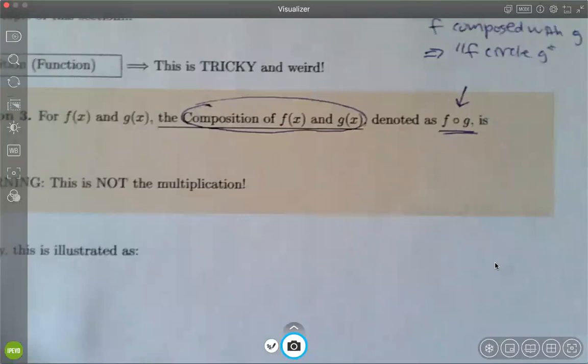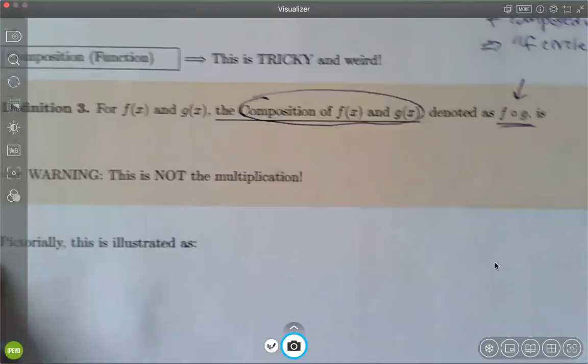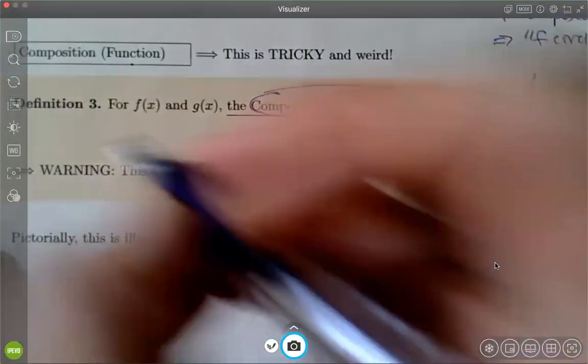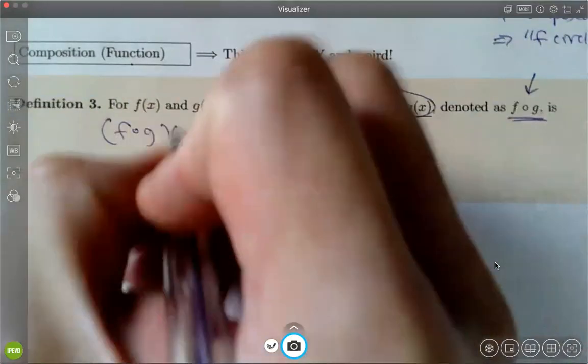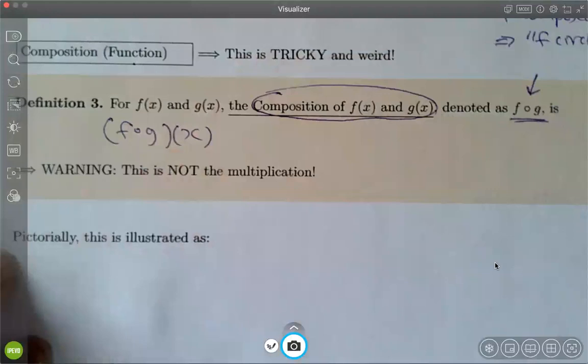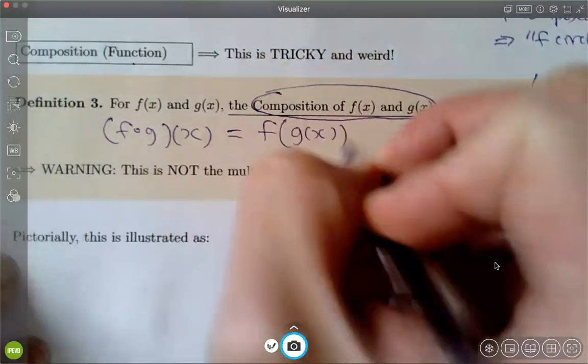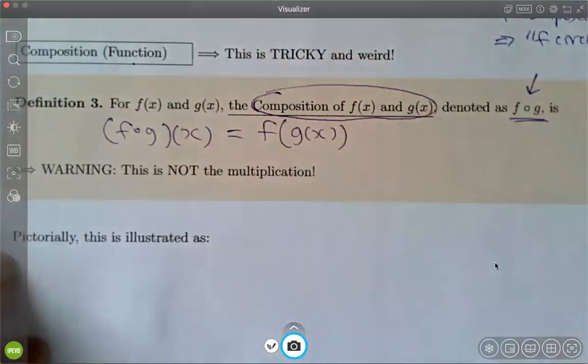But, so since this is a function, it's the composition function, so we have to have this of x notation. And now, what does this mean? F parentheses g of x. Okay?